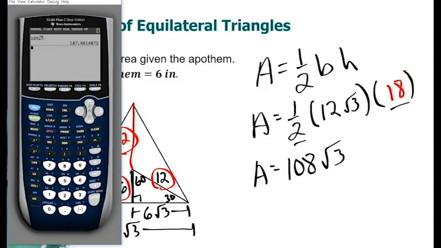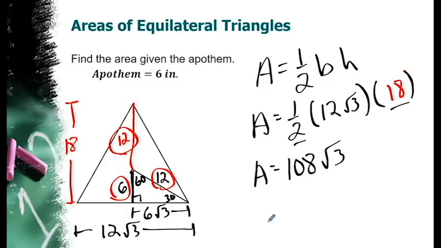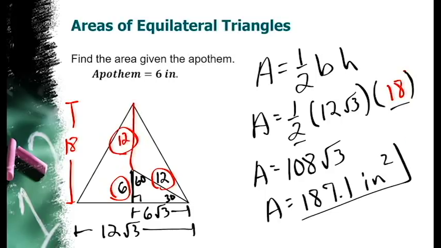That puts us at 187.1. Square inches would be our label. And we're all set to go with our equilateral triangles. You should have one of each of the possible examples that you will run across.